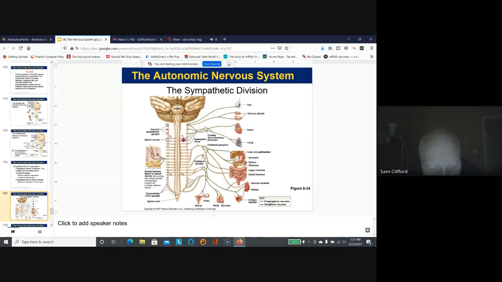The big difference between the autonomic and the somatic system is that you have preganglionic neurons versus ganglionic neurons. And you see right here, it's hard to see, but you have the preganglionic neuron and the postganglionic neuron.